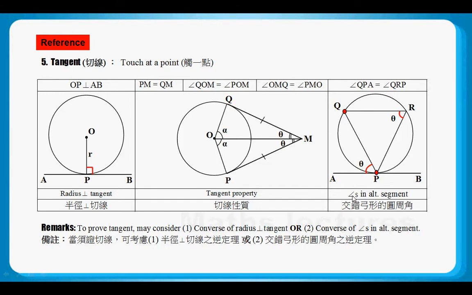Now, in the angles in alternate segment, why are they equal? I just want to help you to use this instead of giving you an explanation here. Now, if we have a chord and a tangent, we have an angle called the tangent-chord angle.